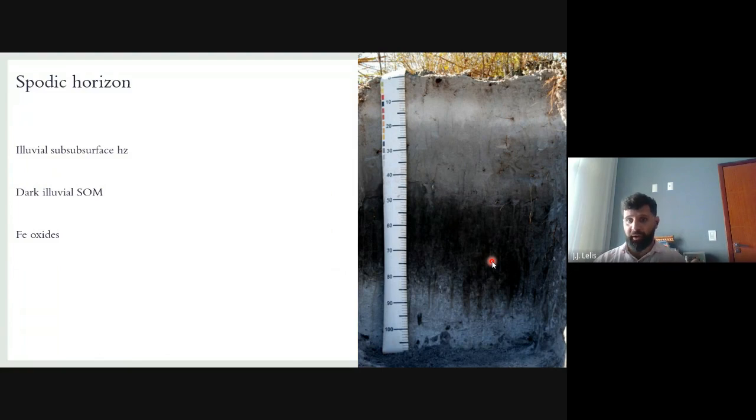It's not a spodic horizon, okay? Because folic and histic horizons present at least 20% of organic carbon. So the spodic horizon always presents lower than 20%.